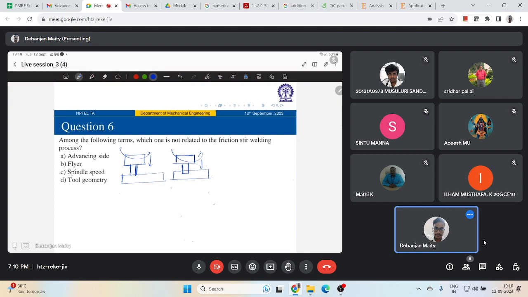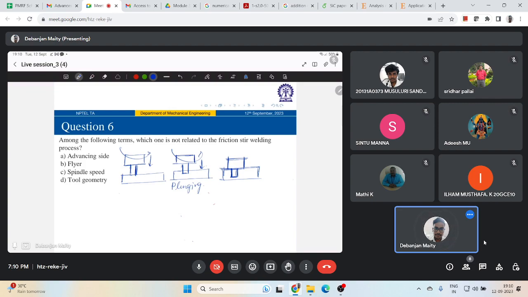Understood? This is what we call plunging. And then you provide more plunge, and the tool is continuously rotating over there. You touch the shoulder over here and provide a specific amount of plunge depth. It can be equal to the pin depth or it cannot be.